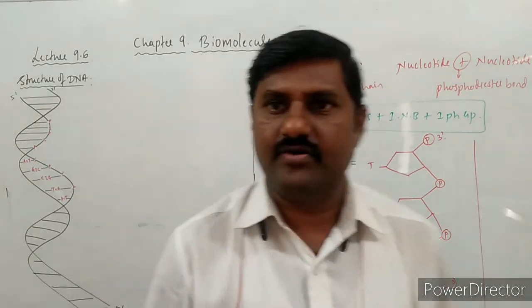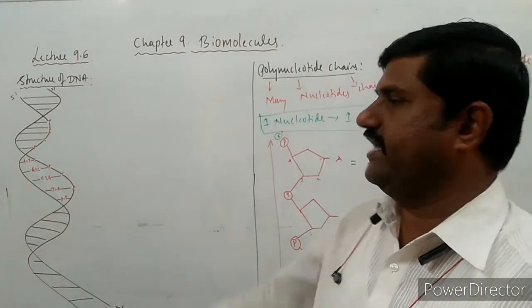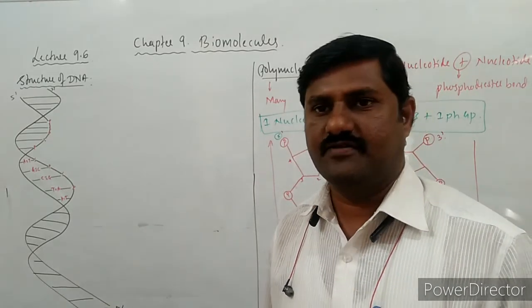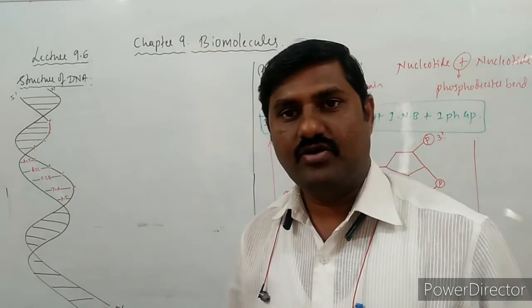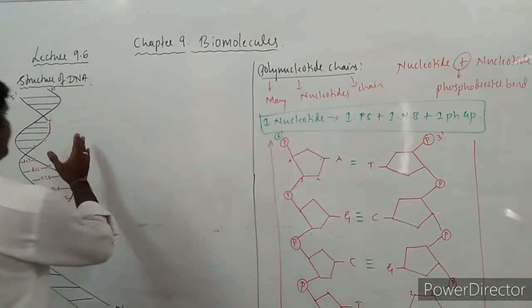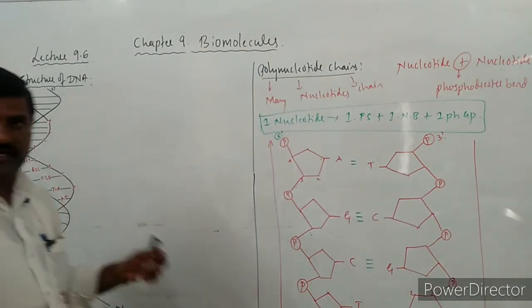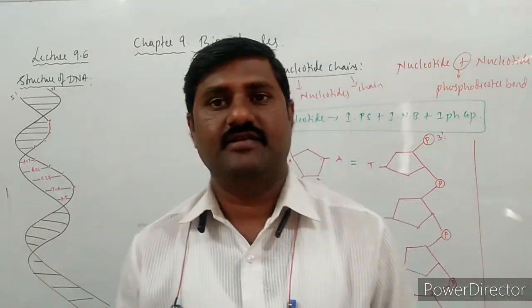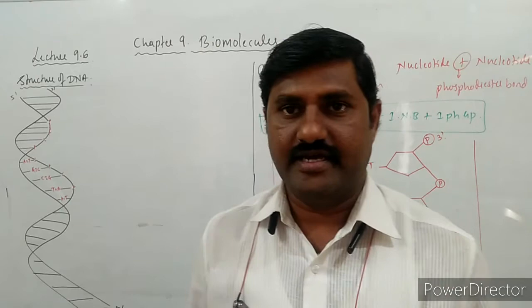So whenever we go through the structure of this DNA, there we find this kind of double-stranded structure of DNA. So how you explain this is the major aspect. See here, this is a 5-mark question. So it is very important, you must go through this diagram as well as the explanation very clearly.